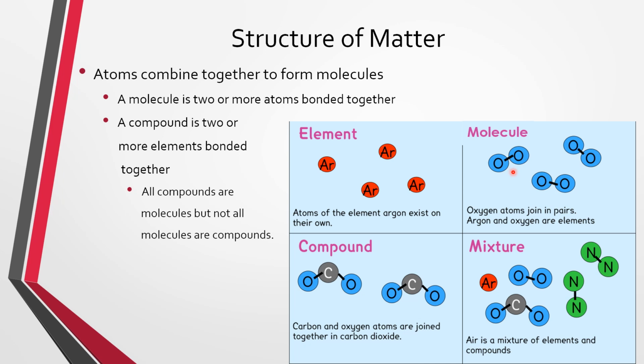That is just the definition of a molecule. A compound is two or more elements, so the element of carbon and the element of oxygen are bonded together here, and that makes a compound. There are two different elements that are bonded together. We don't need to worry about mixtures for our studies.